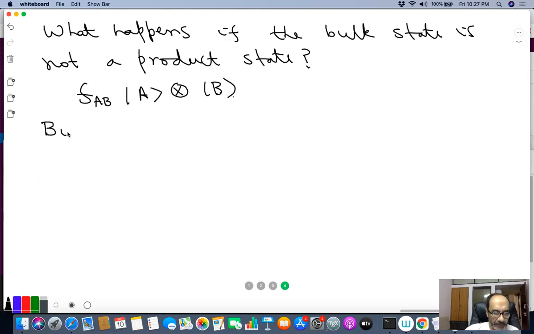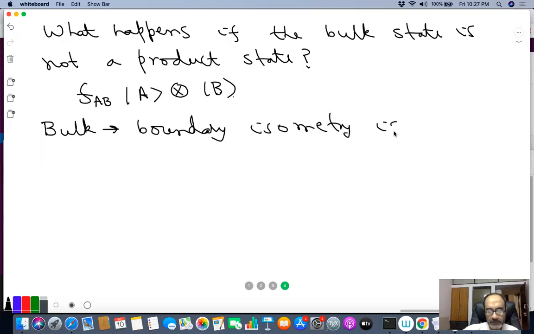So the bulk to boundary isometry is given by this following tensor, M_IAA, N_IBB.